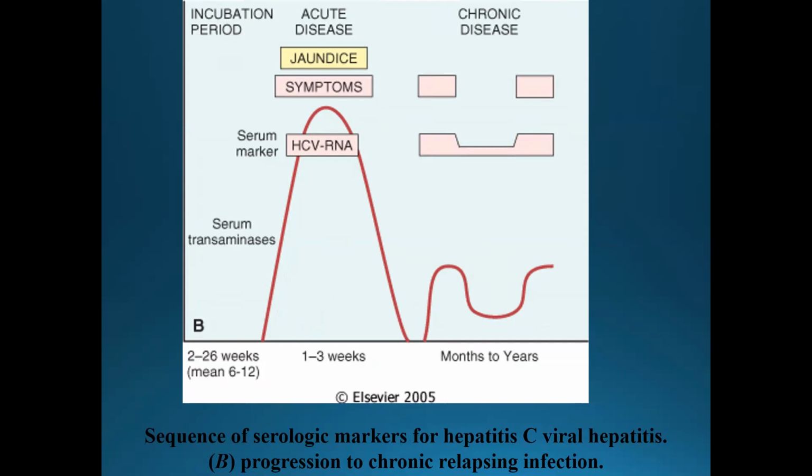A clinical feature that is quite characteristic and important of chronic hepatitis C viral infection is episodic elevation in serum transaminases with intervening normal or near normal periods, circled in red.